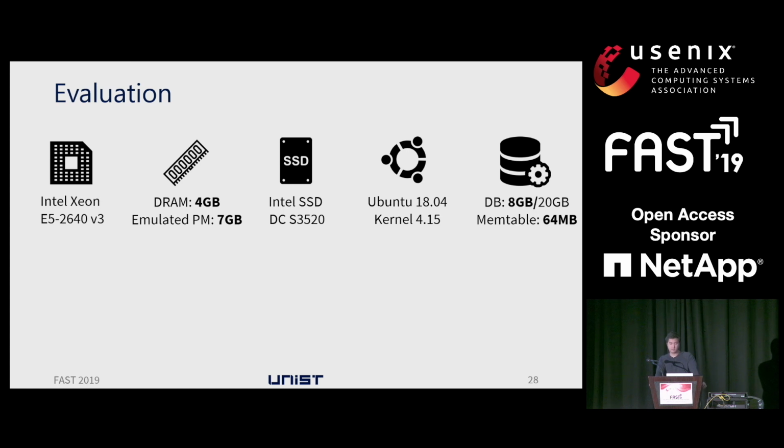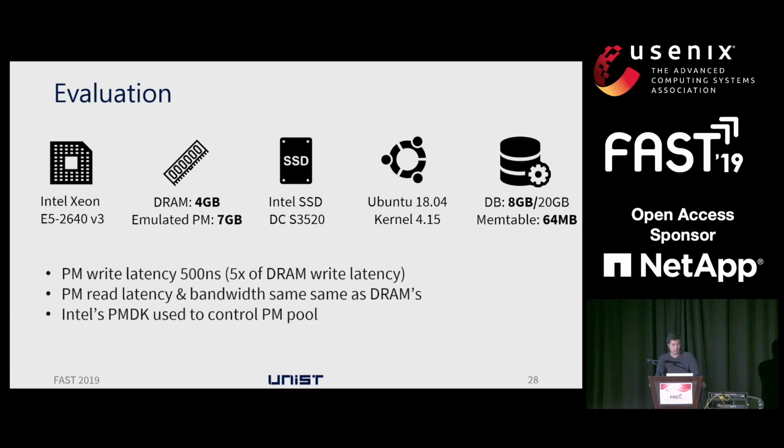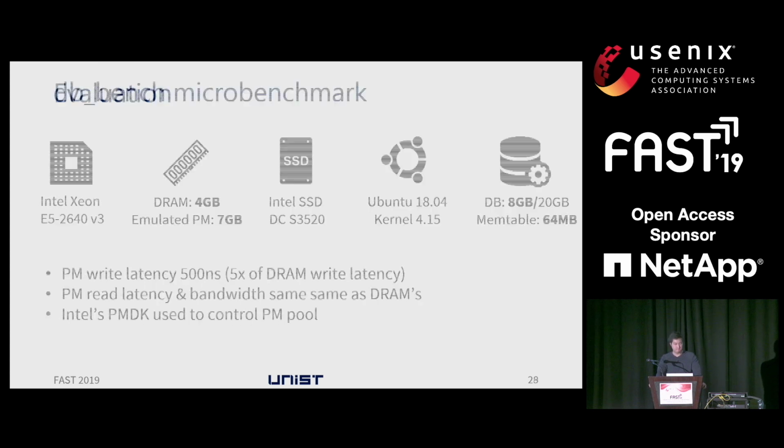We configured the mem table size for both LevelDB and ours to be 64 MB. For the emulation of persistent memory, we emulated the write latency to be 500 nanoseconds. We made the read latency and the bandwidth of the persistent memory the same as DRAM. To control the persistent memory pool, we used Intel's PMDK.